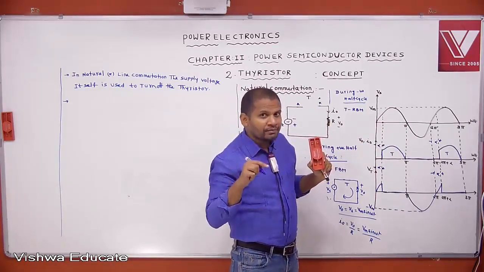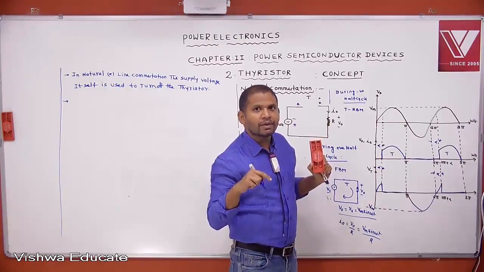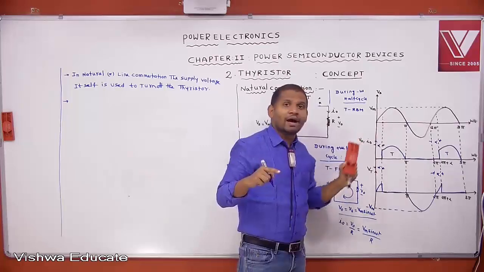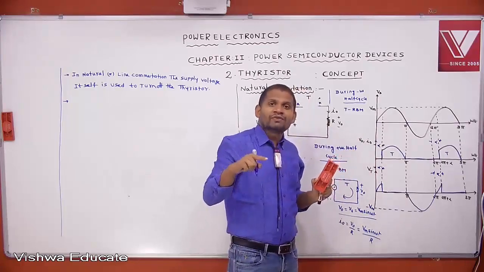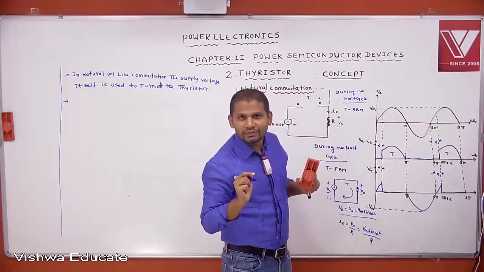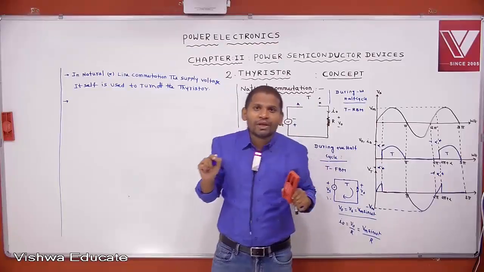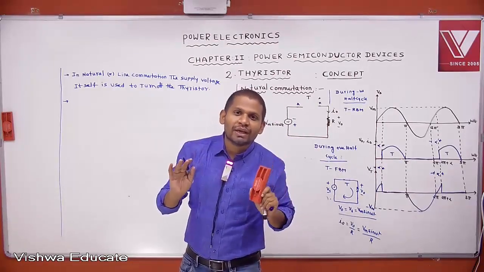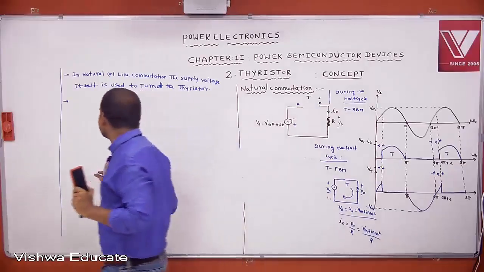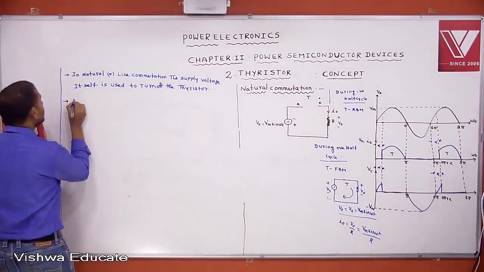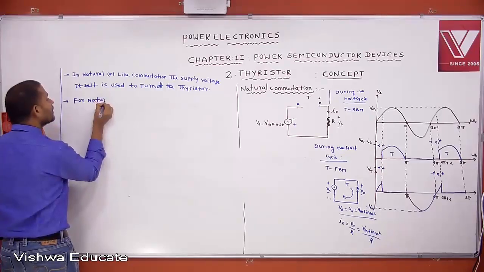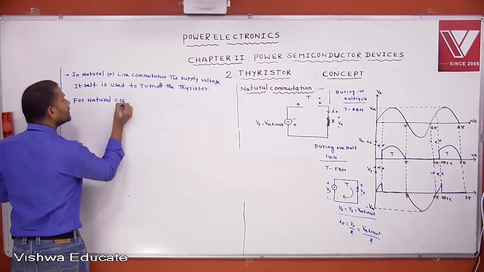When is it possible, you tell me. If it is an AC supply, then only there is a possibility that for every half cycle the supply voltage is negative. That means for the existence of natural commutation, the supply must be AC.